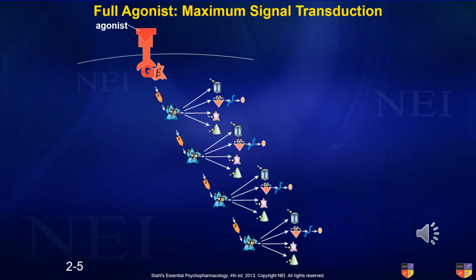And now, downstream, not just one, but 2, 3, 4 more activities are taking place with different enzymes becoming involved. And when those enzymes become involved, they're acting on ligand-gated channels, they're acting on enzymes, they're acting on ions, and all sorts of activity is beginning to take place.